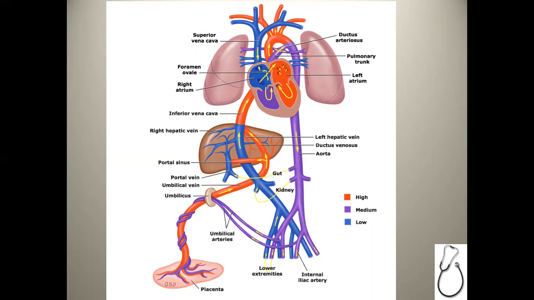Fetal superior vena cava blood, which is drained from the upper part of the body, will enter the right atrium. Then through the tricuspid valve, it will go to the right ventricle.